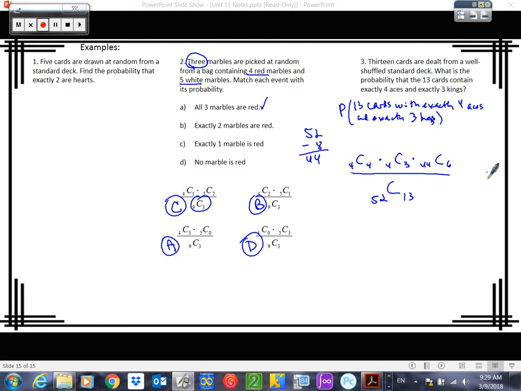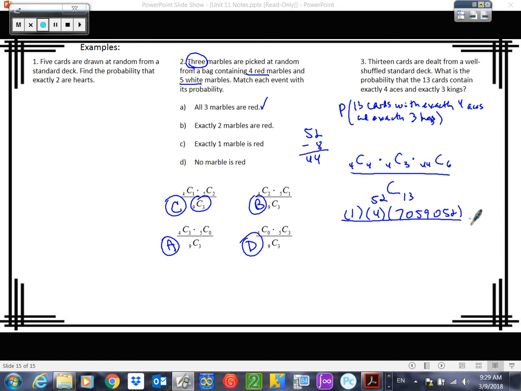This is actually too much for your calculator to handle in fraction form. So just for fun, of course, you had to see what the numbers were. So we know 4C4 is 1. 4C3 is 4. 44C6 is 7,059,052.